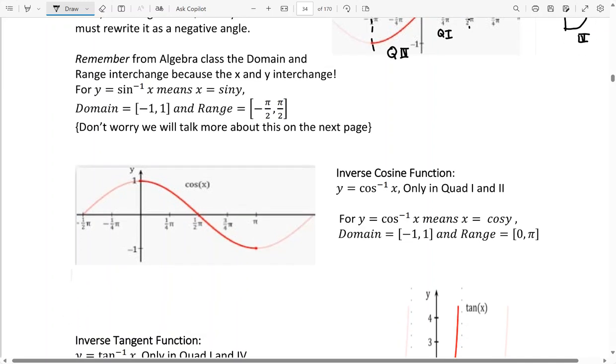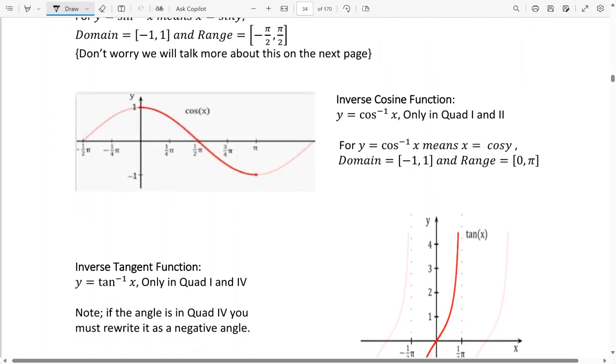Similarly for the cosine function, only now we restrict the domain between 0 and pi, as opposed to negative pi over 2 to pi over 2, because if I do it between negative pi over 2 and pi over 2, I'm not going to pass the horizontal line test. So I've shifted it from 0 to pi.